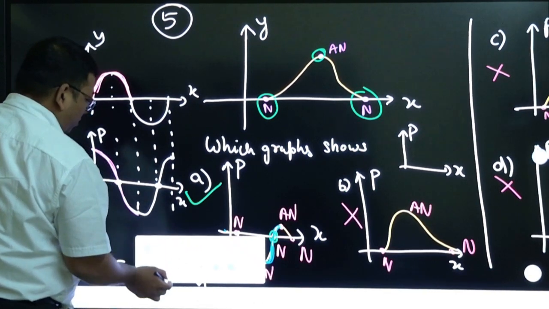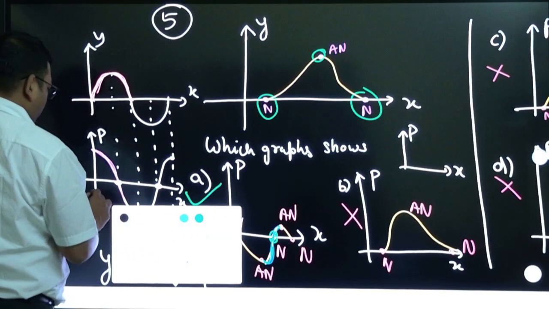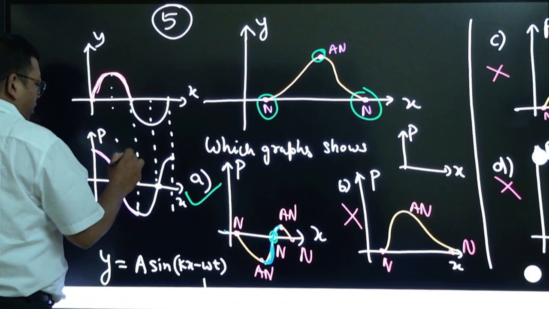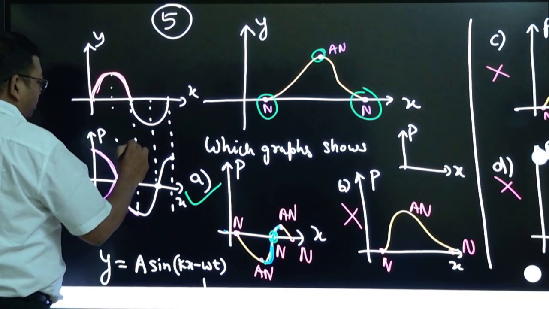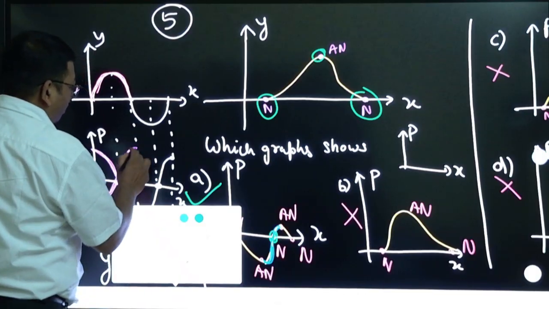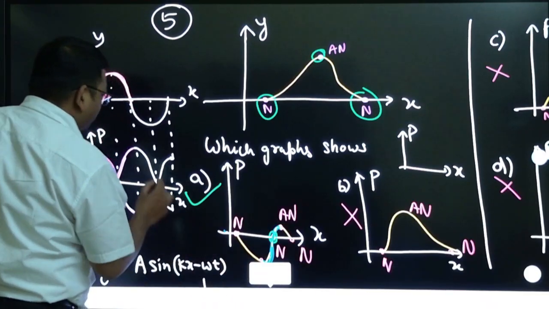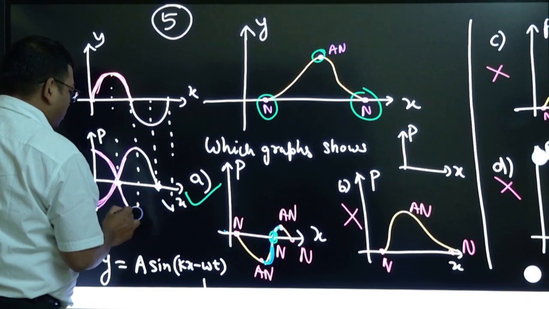You have to invert it this way, because it is minus, so it should go like this. This should be the graph for this part, and the other part you can keep like this, and this part you now remove because it has to be inverted. So the down graph you remove it.